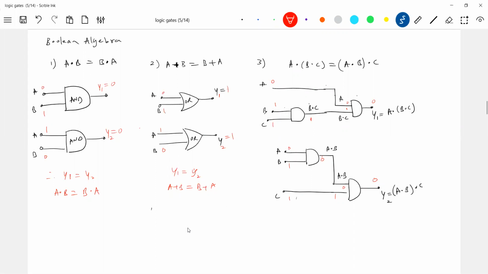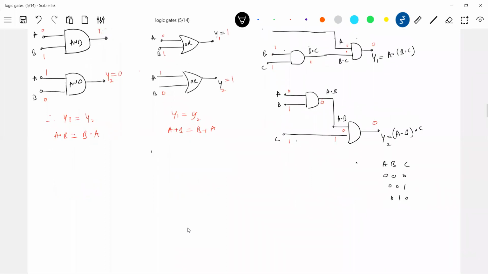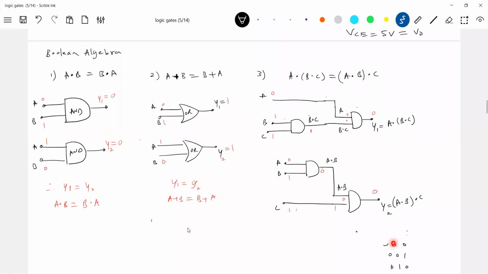For any inputs, you can try it. So what are the possible inputs for A, B, C? If you are interested, you can go for the truth table. The truth table for 3 inputs will come like this: 0, 0, 0, 0, 1, 0, 1, 0. I think I need space, I'll write it above. 3 inputs, how you have to choose this one.